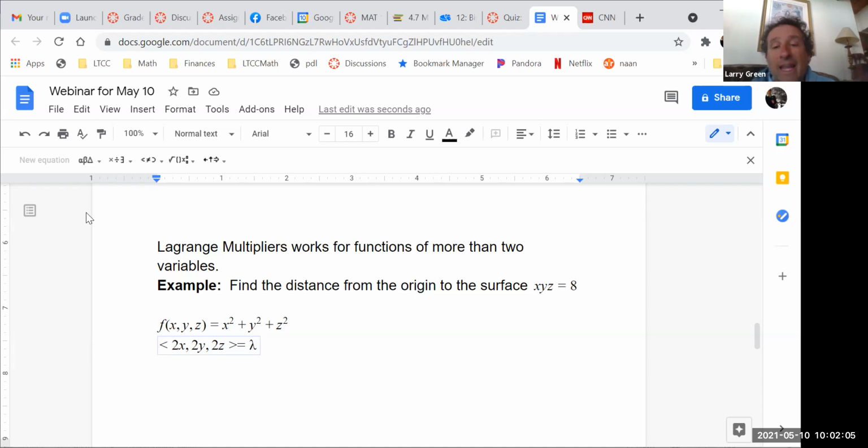Because we subtract the 8 to make it equal 0, but the 8 doesn't matter. So lambda times, we have yz, comma, we have xz, comma, and then we have xy. Any questions on that?